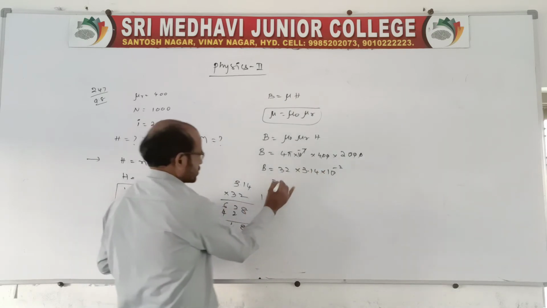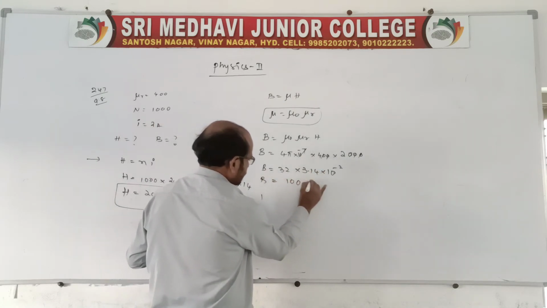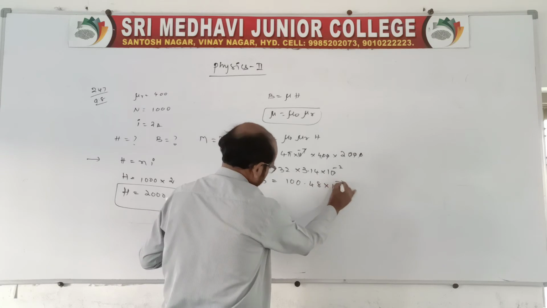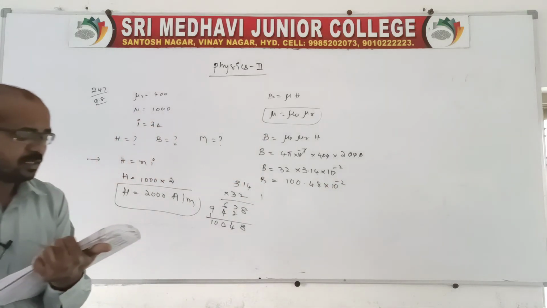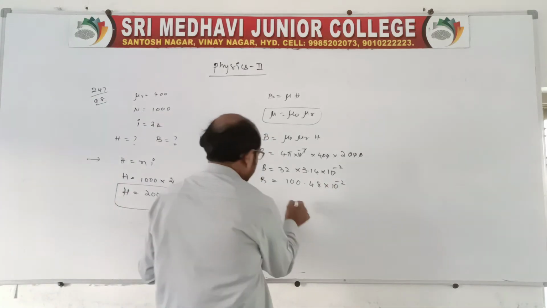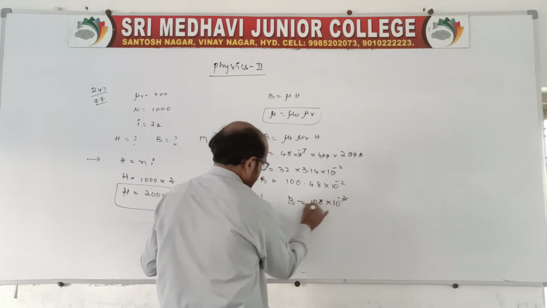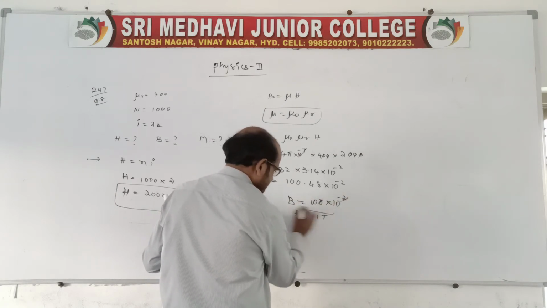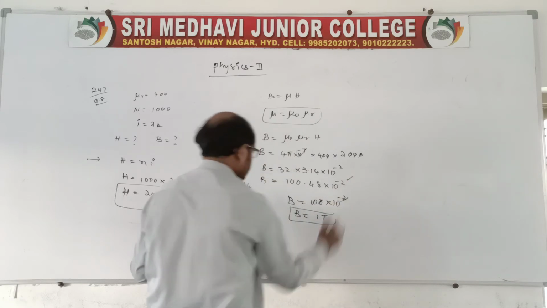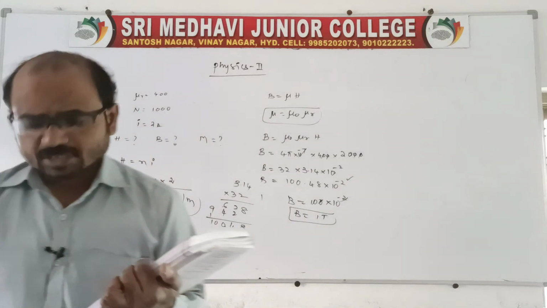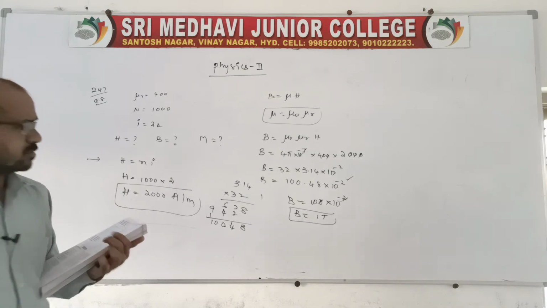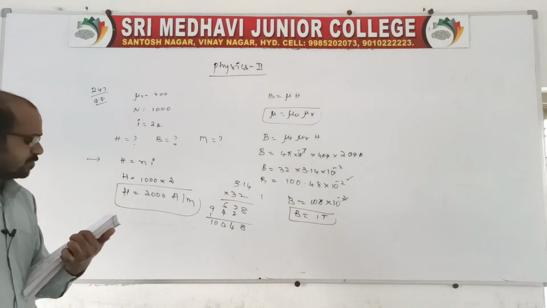It is approximately 100.48 into 10 power minus 2. This is the absolutely right answer, or we can also write it as 100 into 10 power minus 2. So it becomes 1 Tesla. Of course, this is also right. We can take anyone. Right. We'll move to the next one.